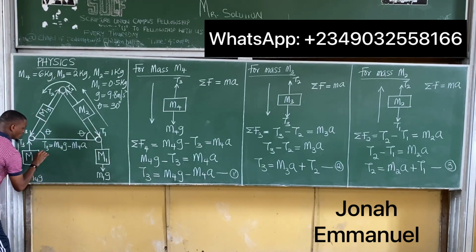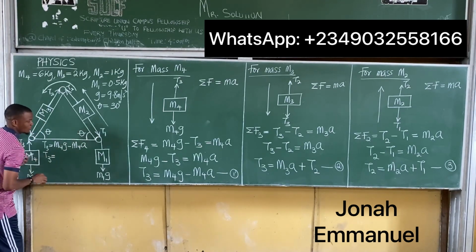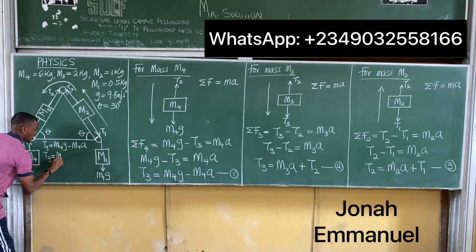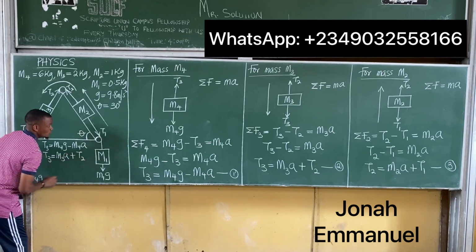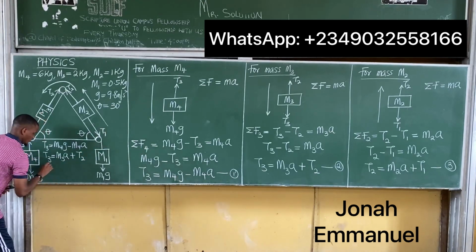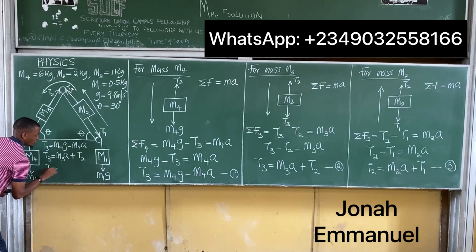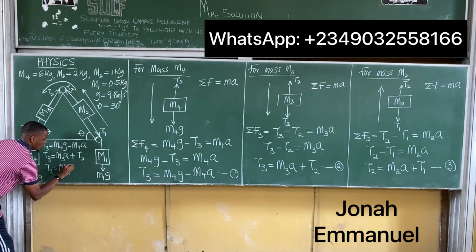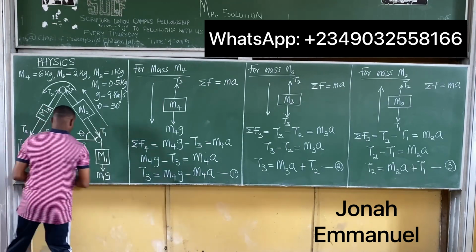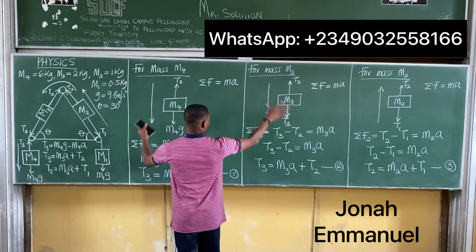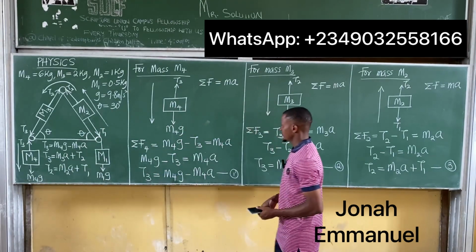We said T3 also is equal to M3A plus T2. We also said T2 is equal to M2A plus T1. All right, so these are three equations. Now I can take this one off and proceed with my solving.